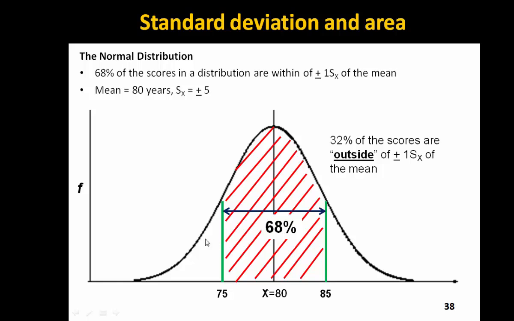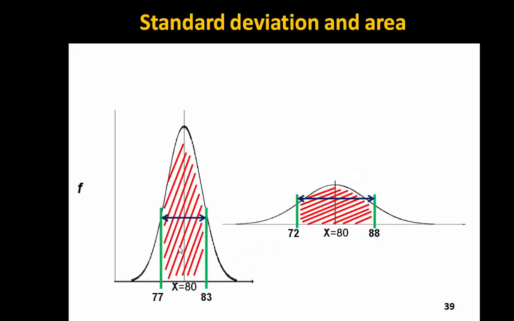I say negative directed tail, pointing in the negative direction. Of course, these are not negative ages, but we have the lower end and the higher end. If we count up all the people in this segment and all the people in this segment, that would be approximately 32% of all the people.